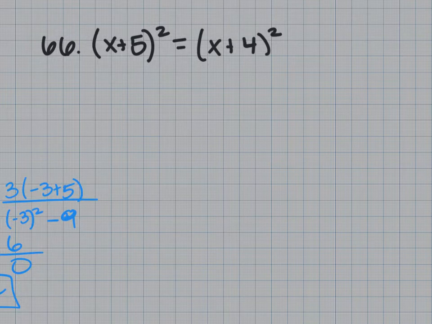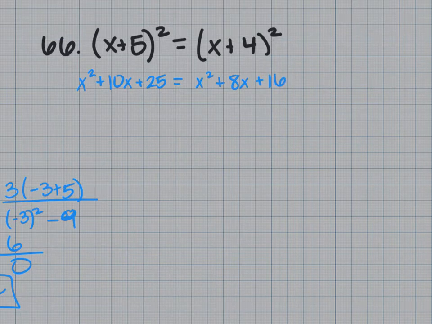So instead, we're going to FOIL out. So we get x squared plus 10x plus 25 equals x squared plus 8x plus 16. I'm going to subtract x squared from each side, so I get 10x plus 25 equals 8x plus 16.